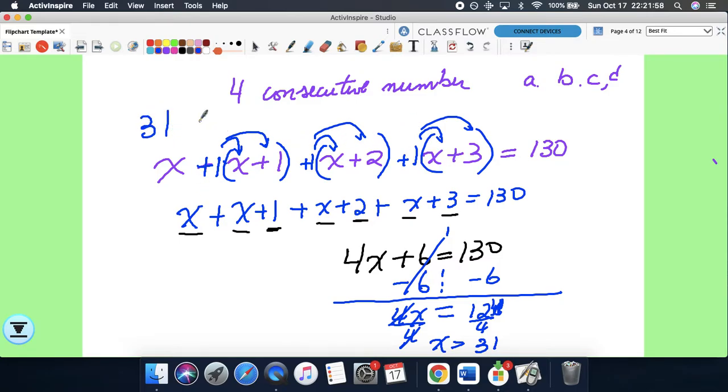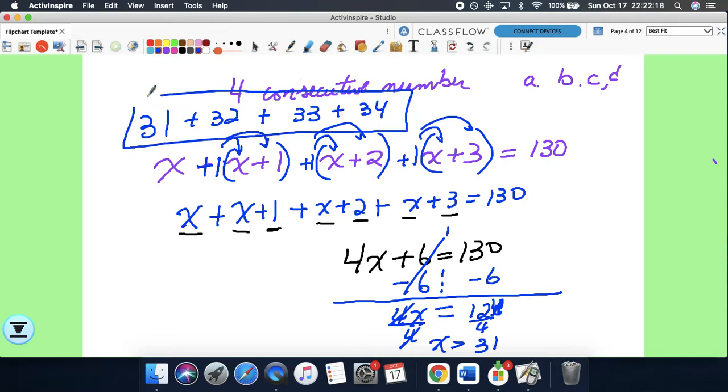The following number is 32. The following number is 33. And the following number is 34. Now, to double check, if they happen to add up to 130, we are good. 31 plus 32 plus 33 plus 34 is indeed 130. So these are the 4 numbers we were looking for.